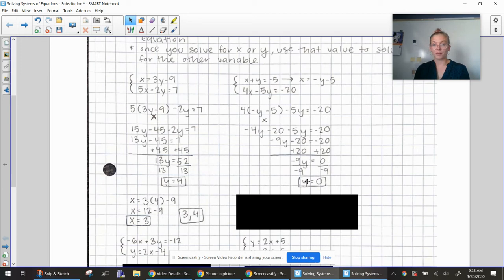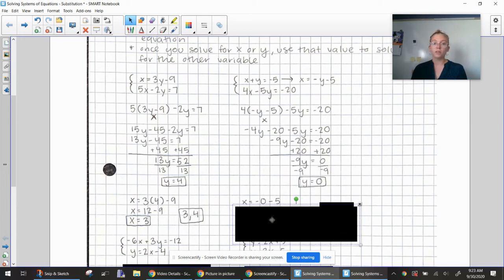Now that I've solved for my first value, which is y equals 0, I'm going to substitute it back into any of these 3 equations at the top. All of them will work to get me my final solution. So I'm going to substitute it. I chose to substitute it into this equation, x equals negative y minus 5, which means x equals negative 0 minus 5.